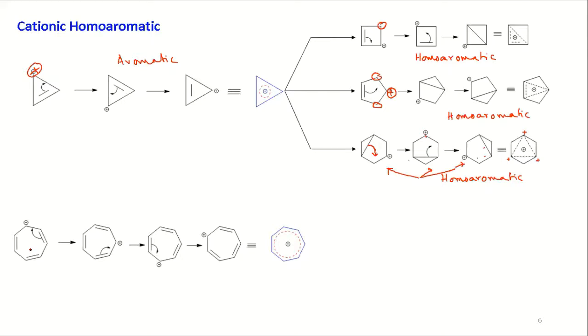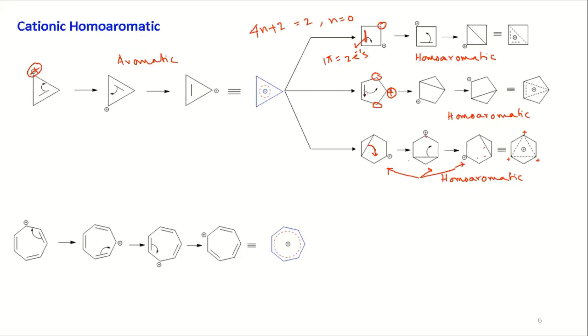In the cationic homoaromatic example, how is the 4n plus 2 rule being followed? See, you have 4n plus 2, here it is 2, and n is 0. You have two electrons moving. One pi means two electrons.